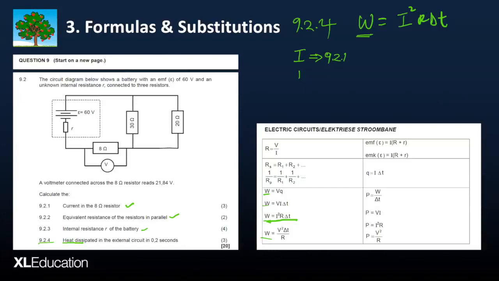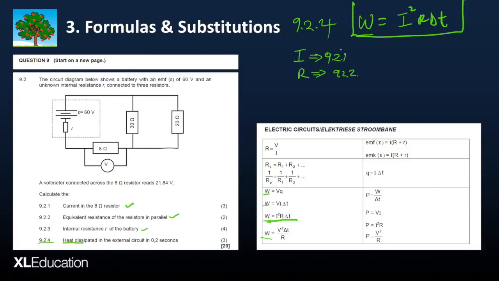The resistance is what we have calculated from 9.2.2. I'm just teaching you that if you are given a formula like this one, when you're on a question like this, check the information that might be helpful to you from the previous questions like 9.2 and 9.2.1.